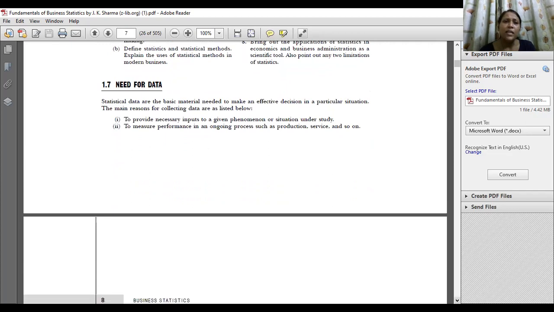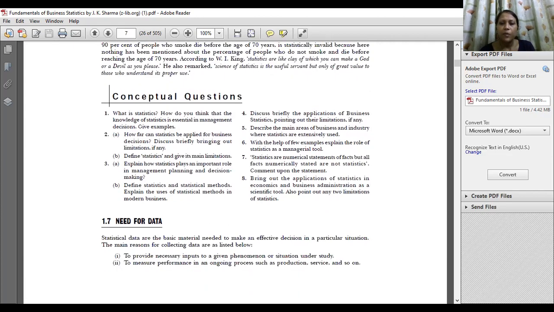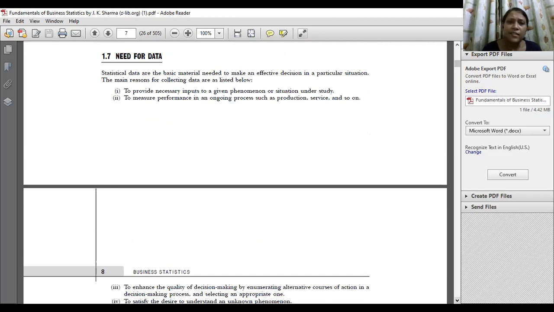So what is the need for data? Statistical data are the basic material needed to make an effective decision in a particular situation.